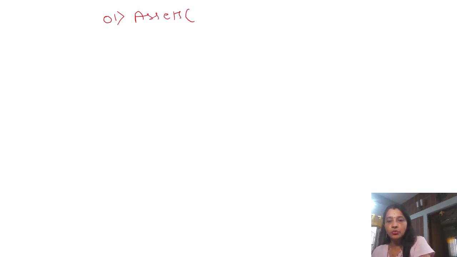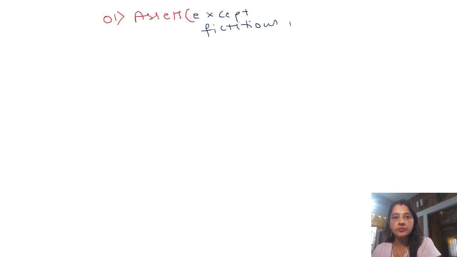So the first one is you transfer all the assets. All the assets except what? Memorize: except fictitious assets.